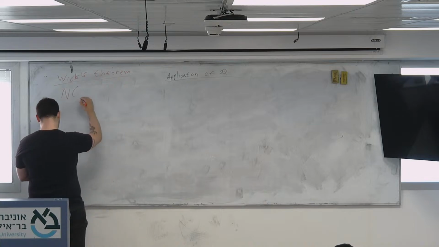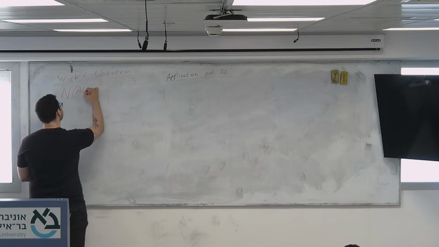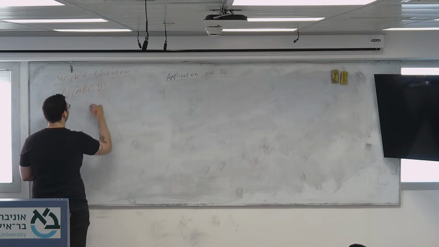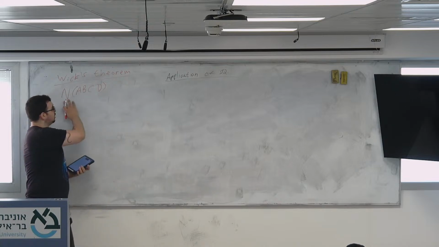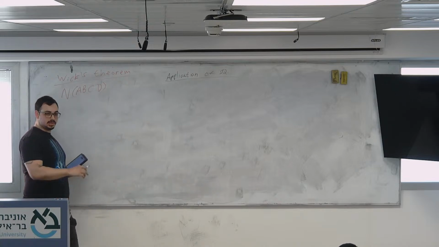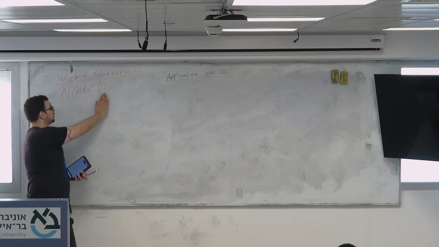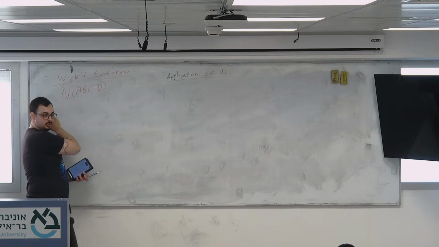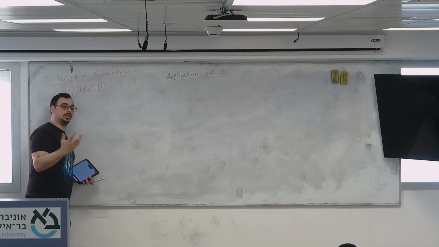The normal order of, let's take for example, A, B, C, D. This notation says: take those 4 operators, put all the creation operators to the left and all the annihilation operators to the right. This is not an operation on operators. This is just some notation.